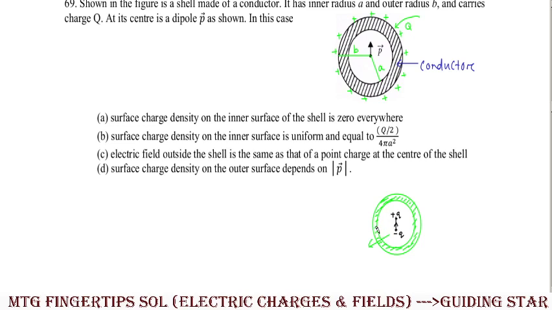That means positive charge will be induced on the inner surface due to induction. Clear? Similarly, negative charges will be induced on the inner surface of the given spherical conducting cell. Clear? So in this particular case, what it is saying, the first, surface charge density on the inner surface of the cell is 0.